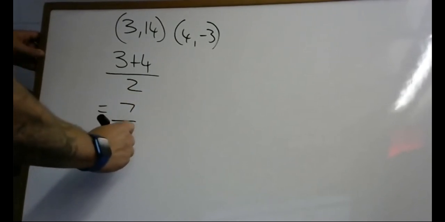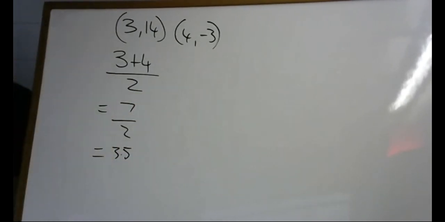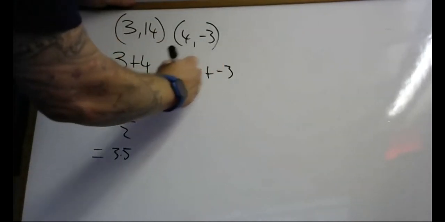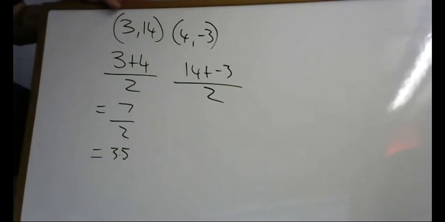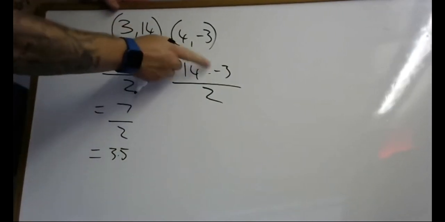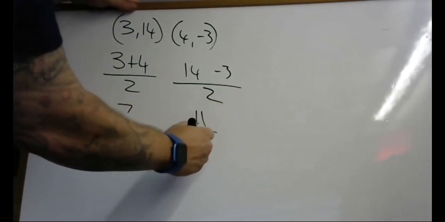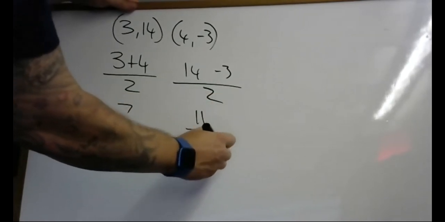So Izzy said 3.5 and 5.5. So 14 plus minus 3. And we know that if it's a plus and a minus, it becomes 14 minus 3. 5.5.